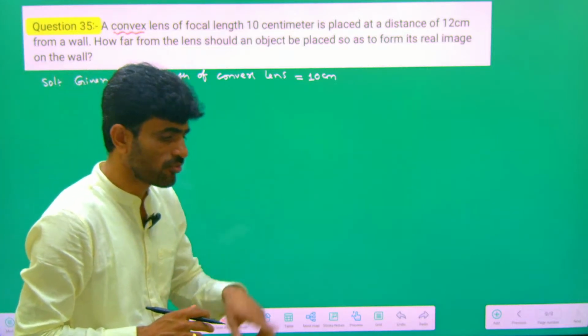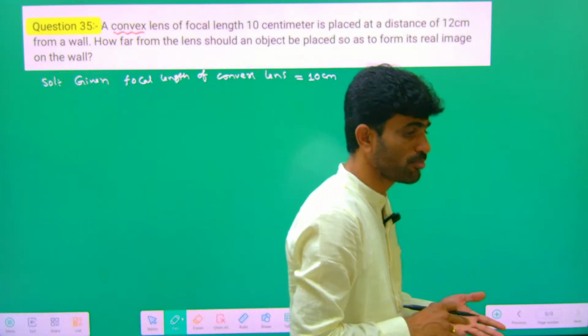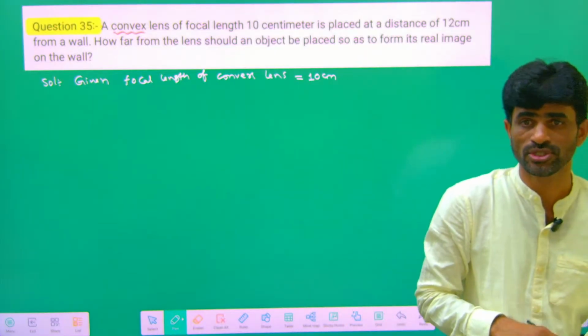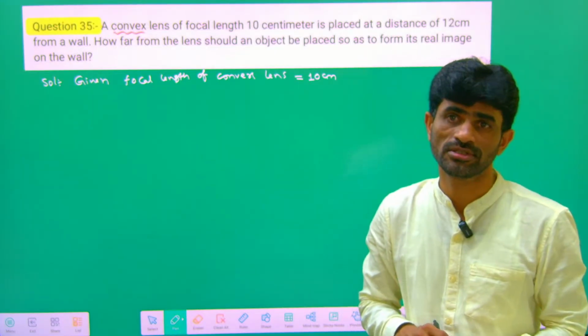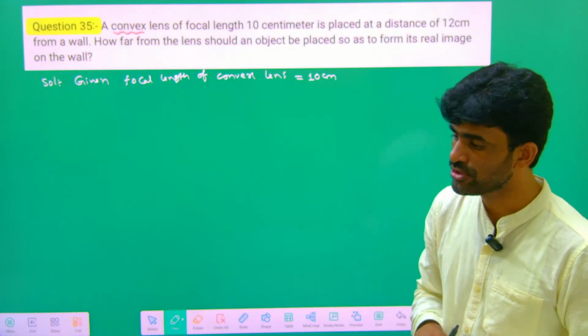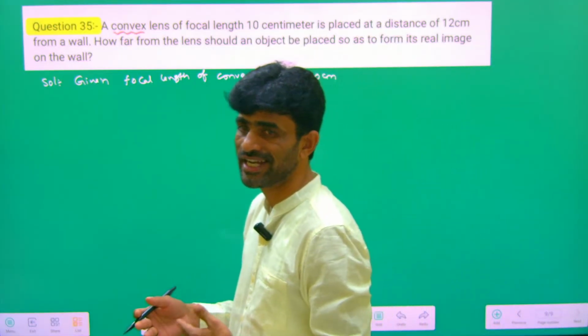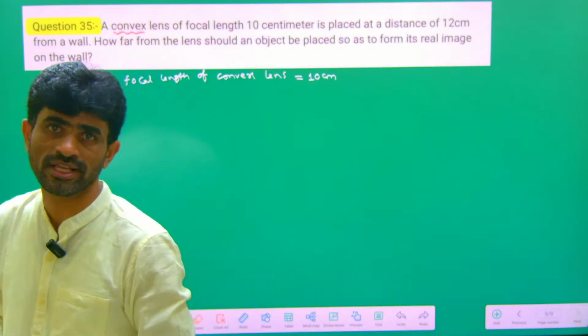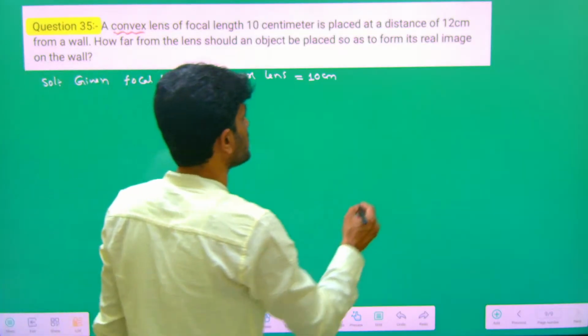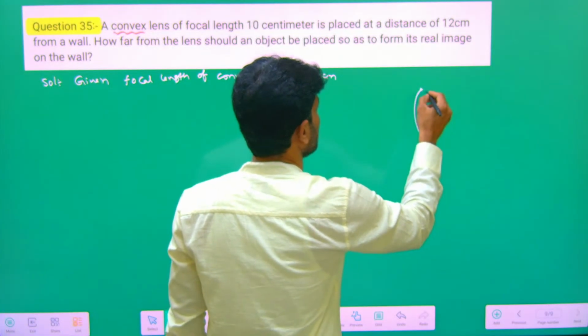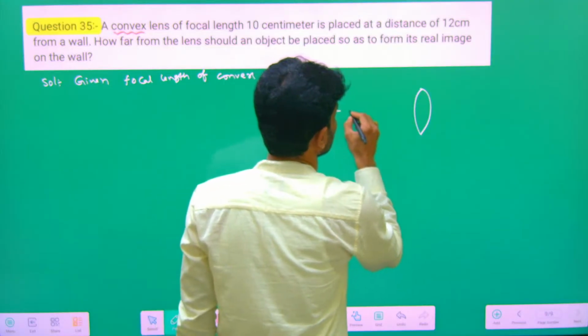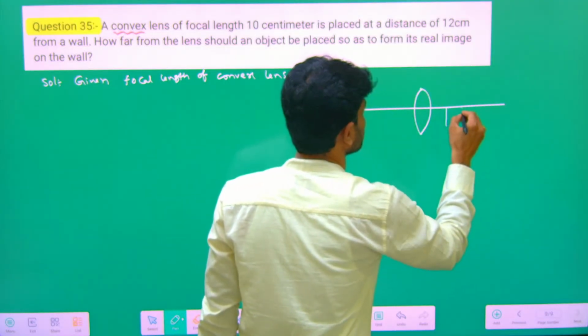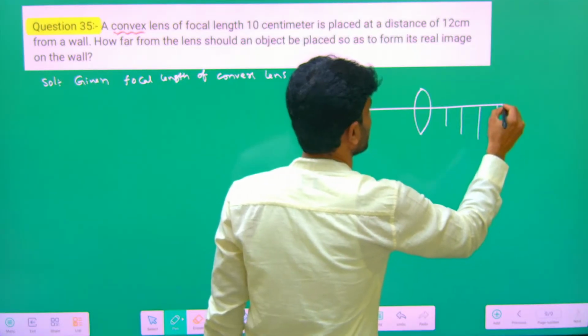Here it is very important which type of image it is, whether it is a virtual image or an inverted real image. If it is a virtual image you have to take the sign in a different way. If it is an inverted image you have to take the sign in a different way. In a convex lens we know all the images which form on this side will be real and inverted.